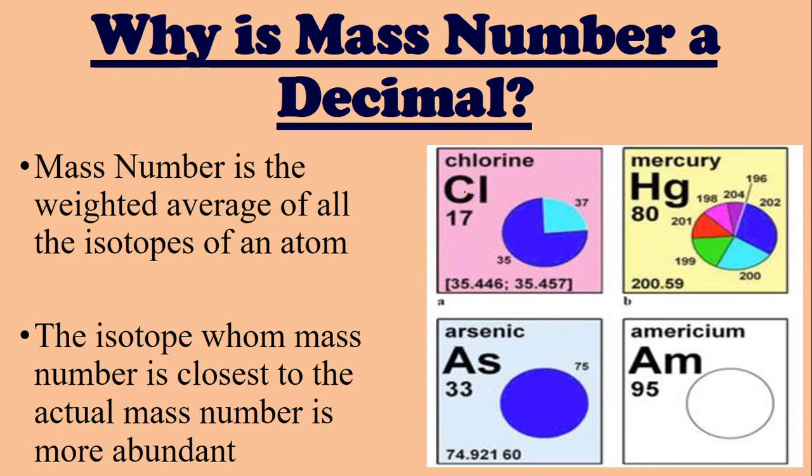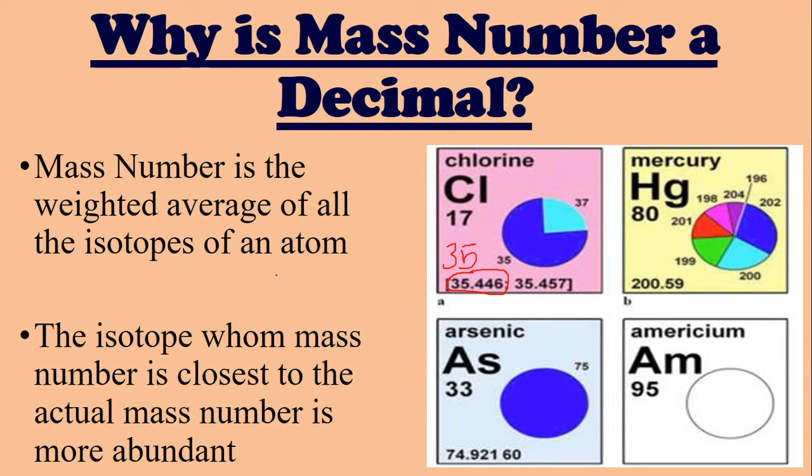Now, if you look here, chlorine 17, you have 2 mass numbers here, 35 and 37, but the atomic mass is usually 35.446. So that means the mass number is 35. What that means is that chlorine 35 is the majority of the masses.